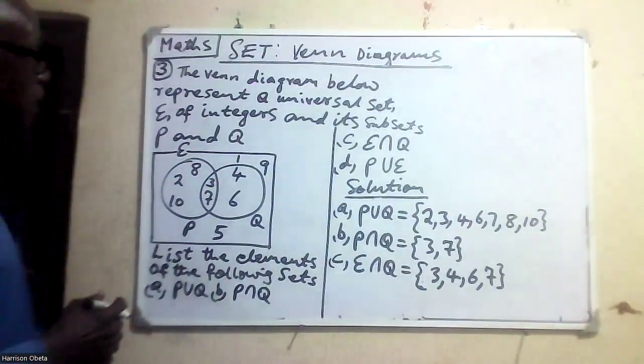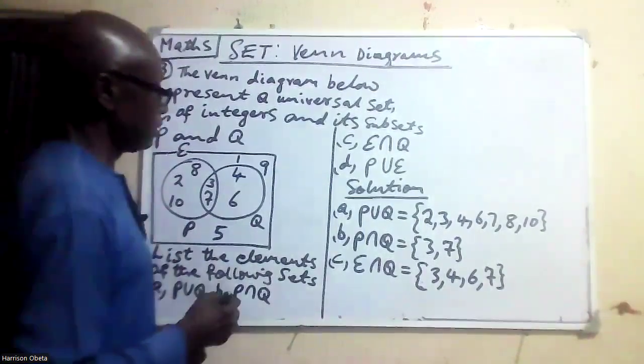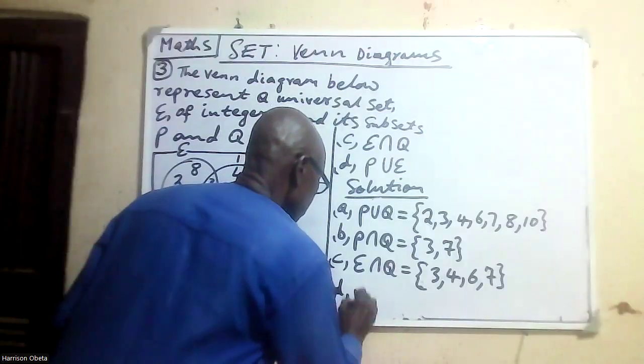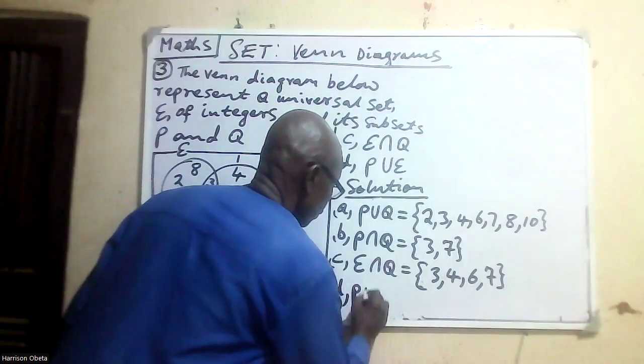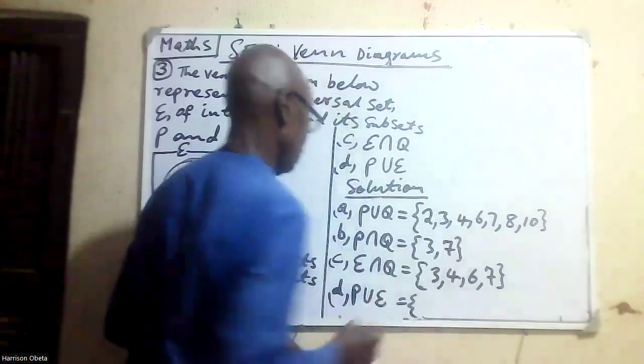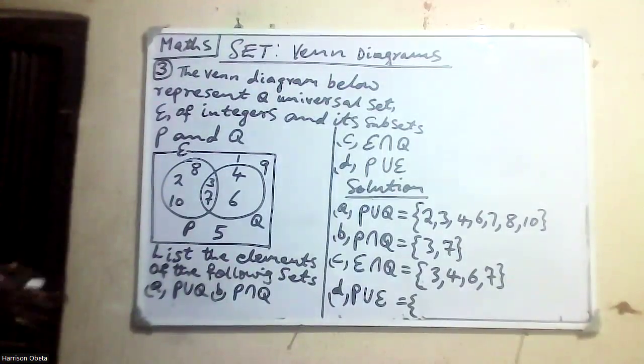And then the next one is D, P union universal set. That is what is in both of them without repeating any value.